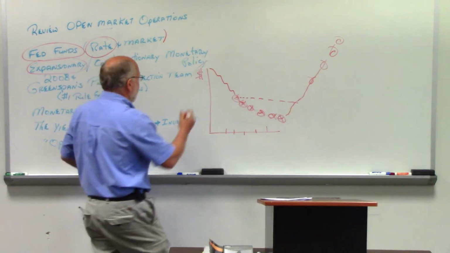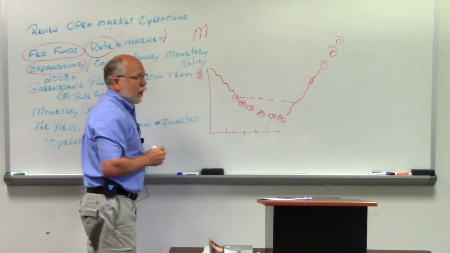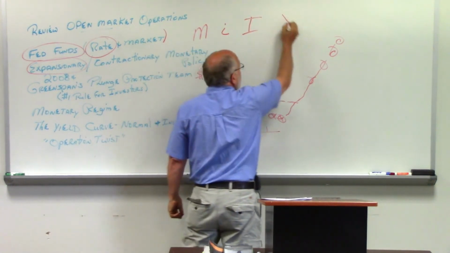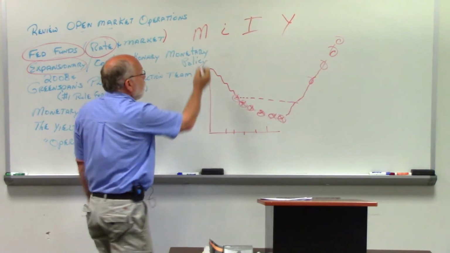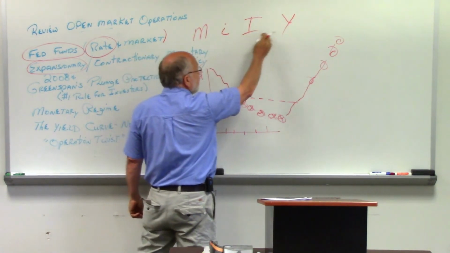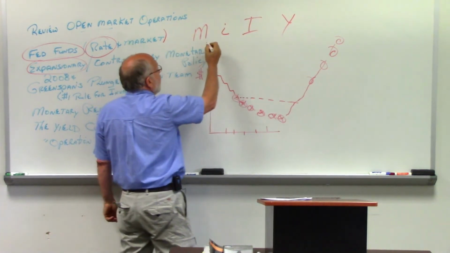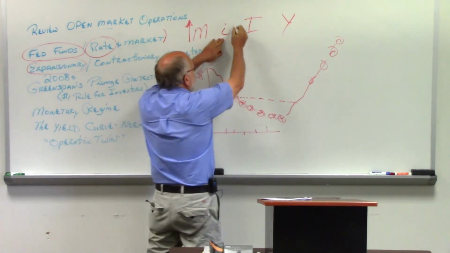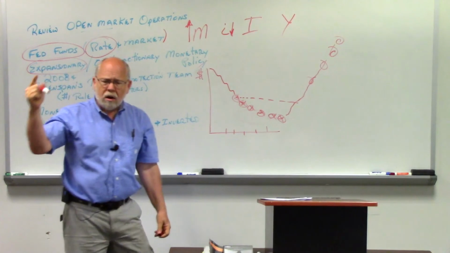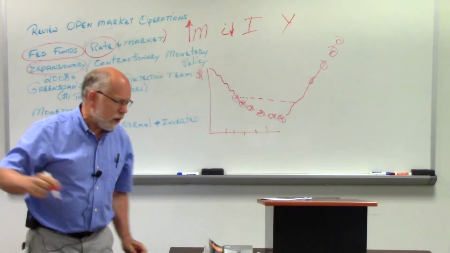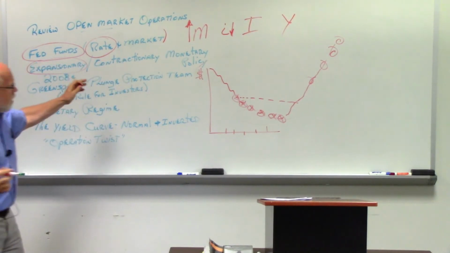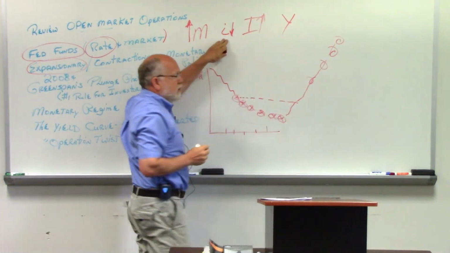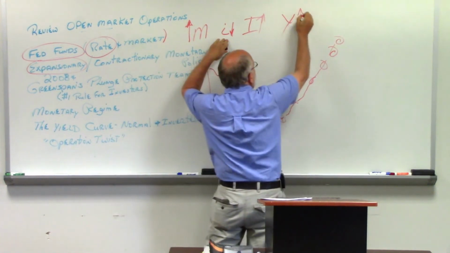Back to our formula again. The money supply, the interest rate, business investment, and economic output. This changes this, changes this, changes this, and if we increase the money supply, then the interest rate is going to go down, and if the Fed says our target is to bring down the interest rate, the Fed funds rate, the discount rate, etc., and they're bringing down the interest rate in order to increase economic activity and business investment, which is going to increase the GDP.